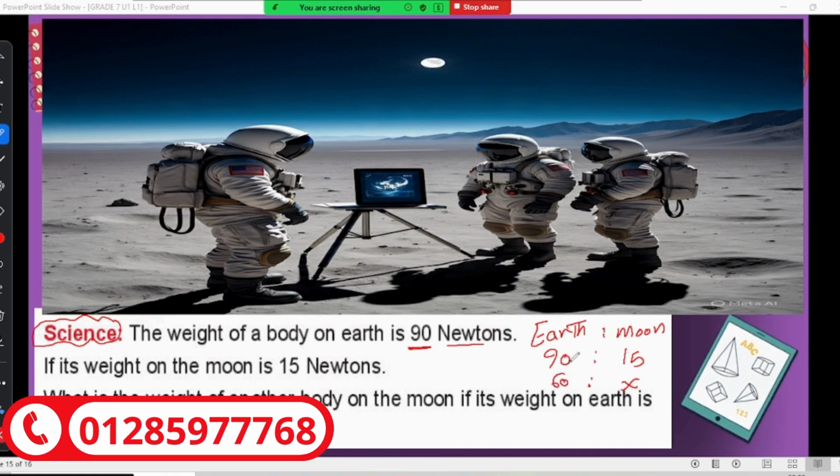So the proportion here is 90 to 15 equal to 60 to x. So by cross multiplication we can get the value of x.